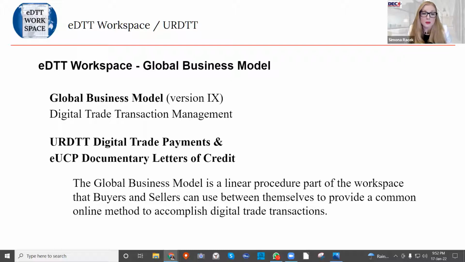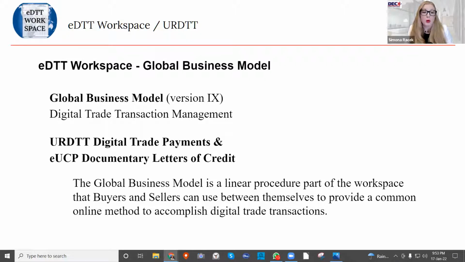The Global Business Model provides a framework for trade transactions using the URDTT rules and the EUCP guidelines by providing the trade transaction structure prior to the shipping and prior to the creation of export documents.